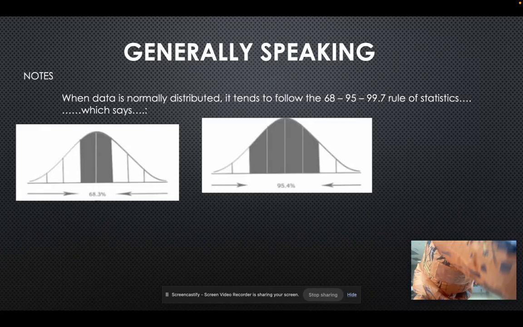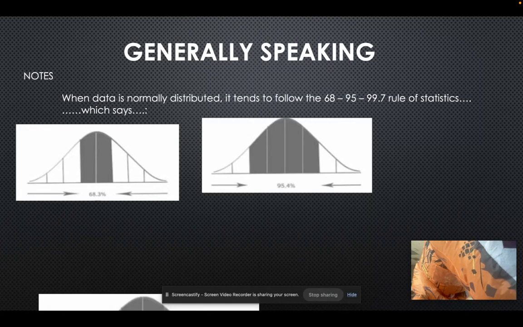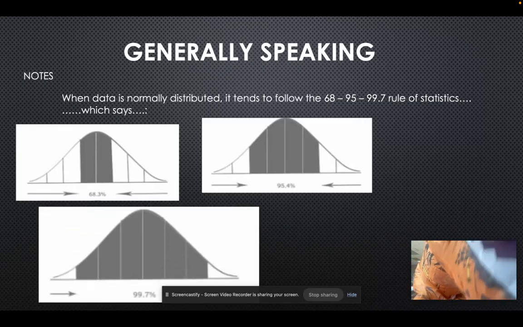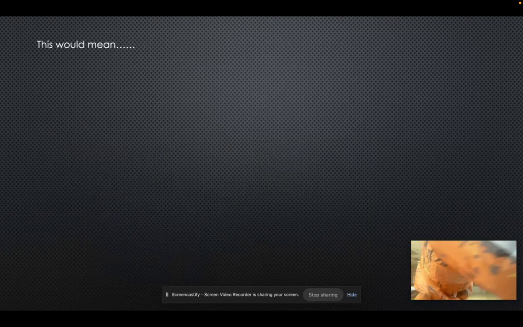About 95% of the data falls within two standard deviations of average, and 99.7% of the data falls within three standard deviations of average. That only leaves 0.3% that doesn't. Generally speaking, when data is normally distributed.